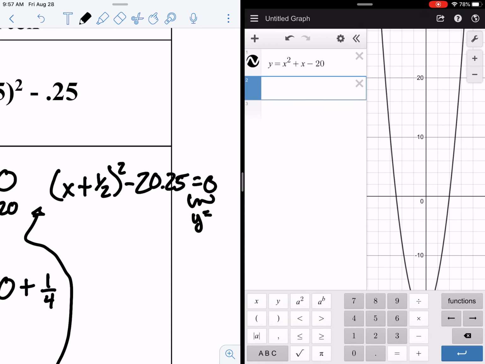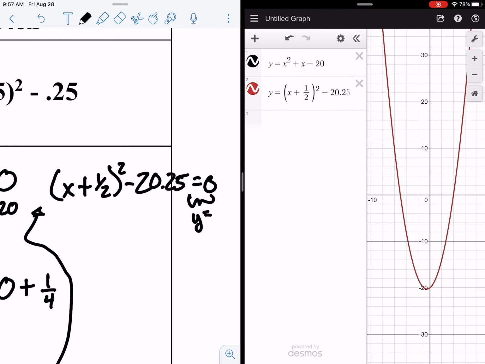So y equals x plus 1/2 squared minus 20.25. And if I zoom out, I can see that the red graph, or my answer, overlaps the black graph.